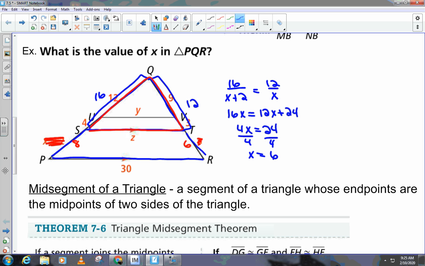What would the entire side of the triangle be? 24? Yeah, because you would have to add 16 and 8 together. So you would have to do 16 is to 24. That's red to blue, right? Red, little to big. And then you could do Z is to 30.